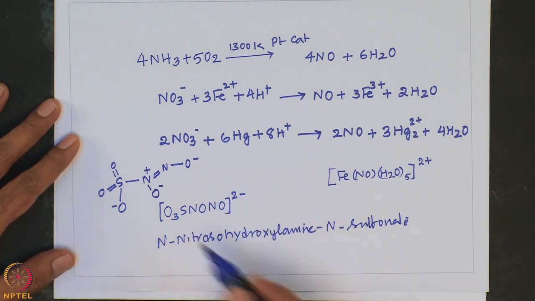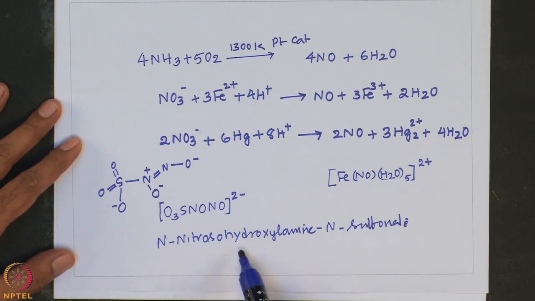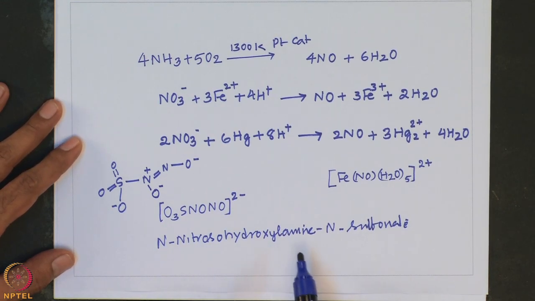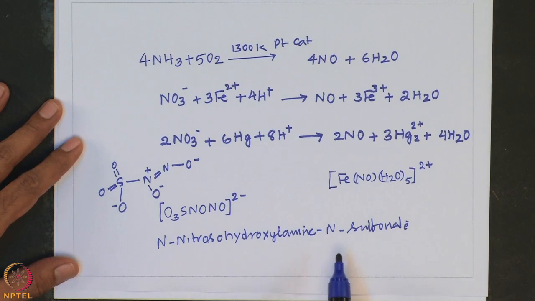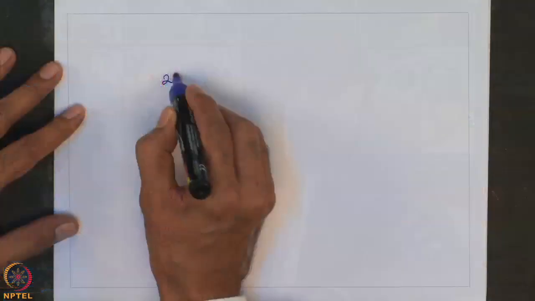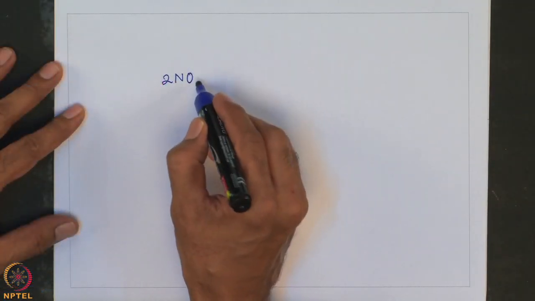So, this is nothing but N-nitroso-hydroxylamine N-sulfonate. Let us look into dinitrogen trioxide, N2O3. N2O3 can be prepared conveniently by treating NO with N2O4.